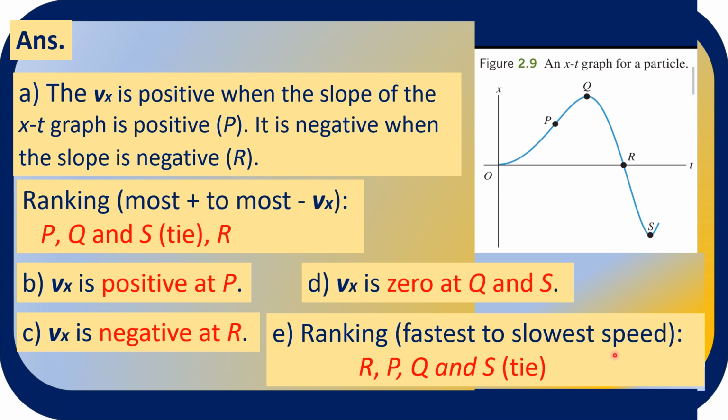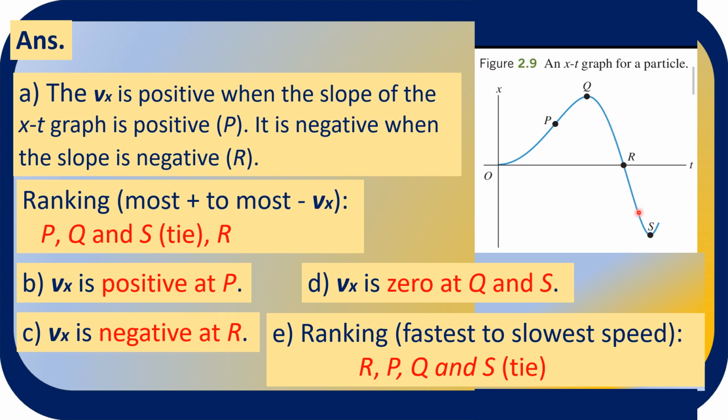We say that the speed at point R represents a faster speed compared to point P. The reason is that the slope where point R is located, the straight line sloping downward, is steeper than the line where point P lies.